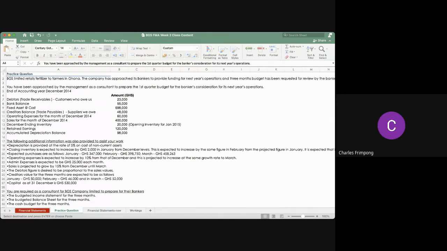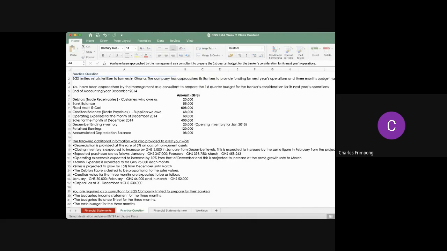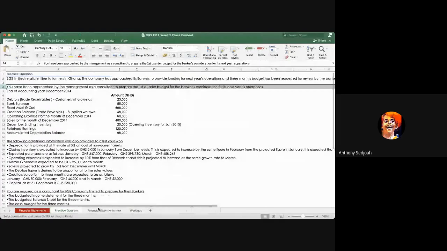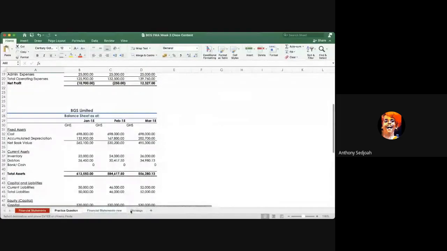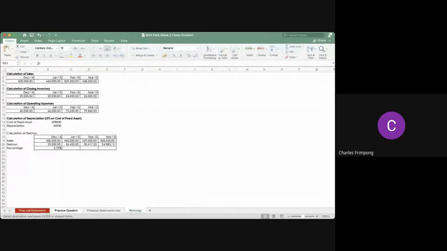We have the sales for the month of December to be 40,000. And we have the debtors figure as well.